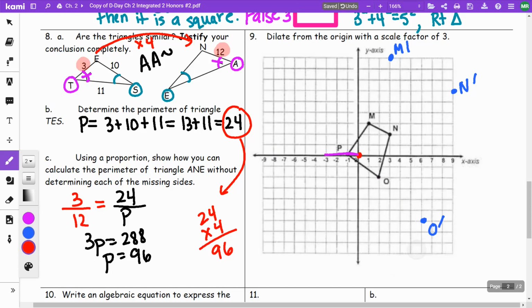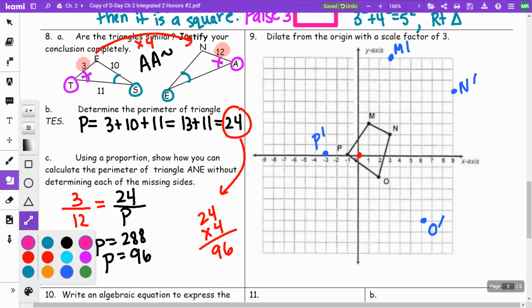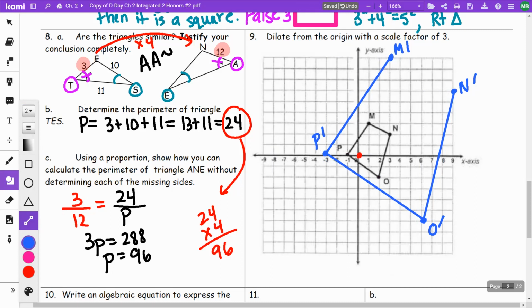And so this right here is going to be P prime. And then I can connect and get my new, let me get my line tool. So I'm going to connect those, these, and there you go.